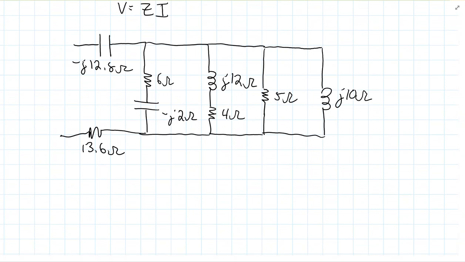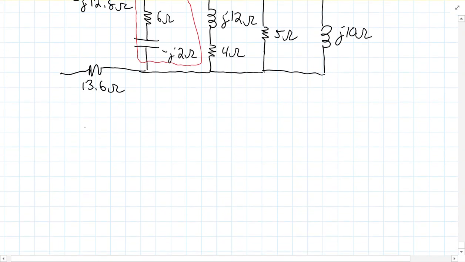But what I'm going to do first is notice that if I look at just what's inside this box here, I'm going to redraw that. I'm going to have a 6 ohm resistor and a minus J2 ohm capacitor. Those are in series.